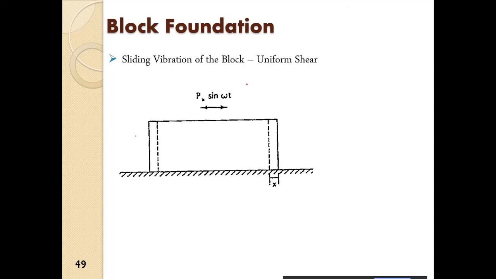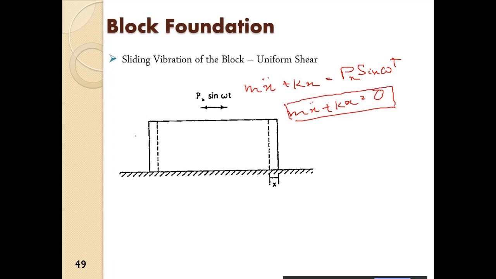First of all we have already defined m x double dot plus kx is equal to Px sine omega t. For the natural part of the system, for the natural frequency of the system, we will have m x double dot plus kx is equal to 0. So this equation will satisfy the natural vibration of the system.